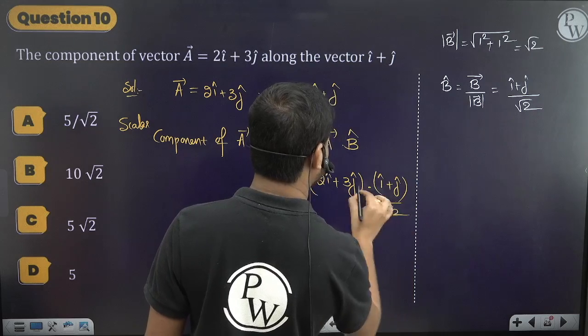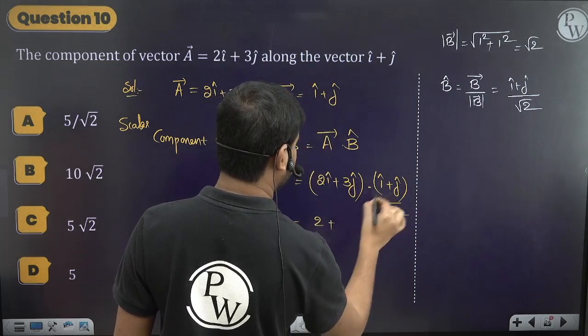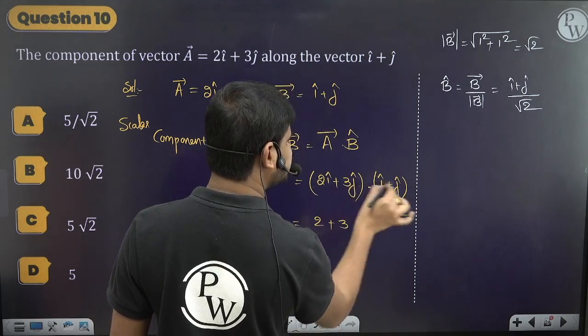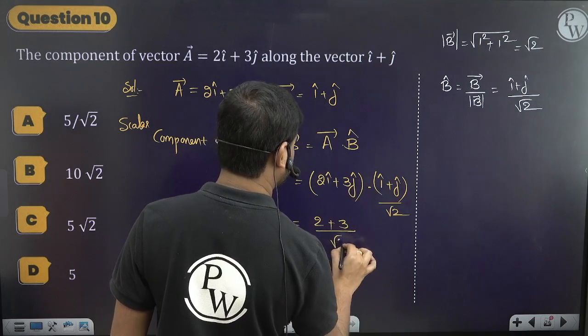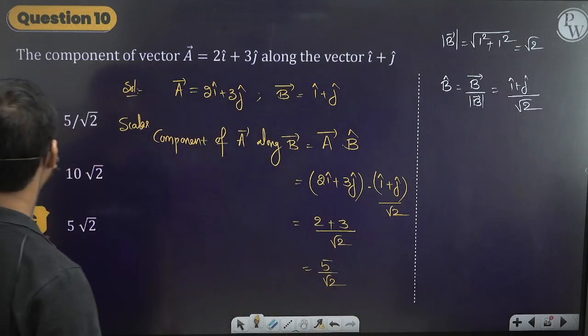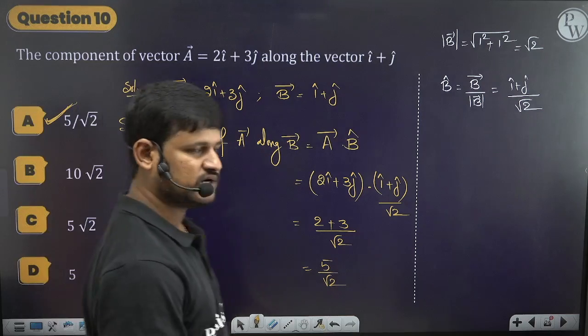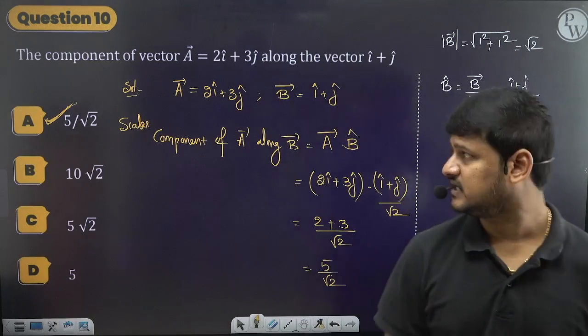Simply do the dot product in the numerator: 2 into 1 plus 3 into 1, since i into i and j into j, by root 2, which is nothing but 5 by root 2. Option 5 by root 2, so option A is the correct one. Clear? Done?